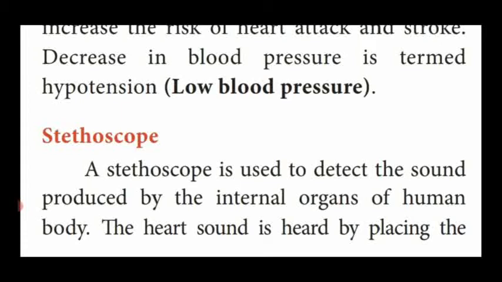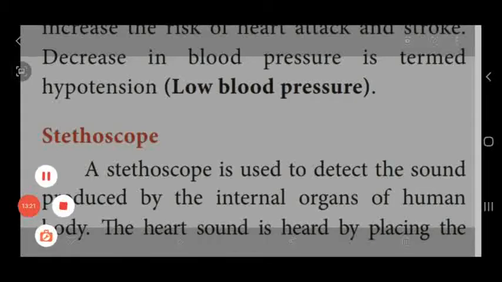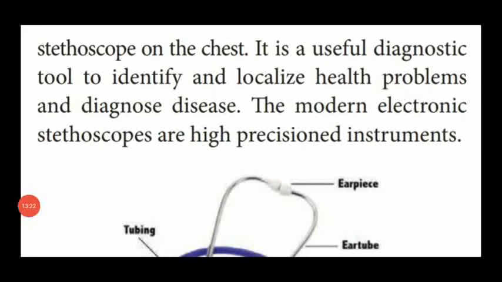So the stethoscope is used to detect the sound produced by the internal organs of our body. The heart sound is heard by placing the stethoscope on the chest region.